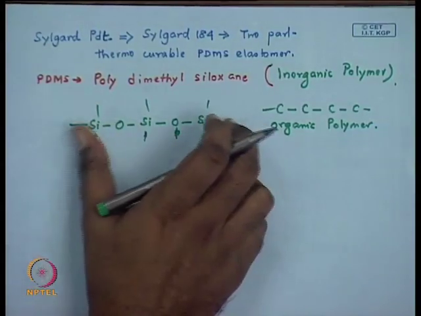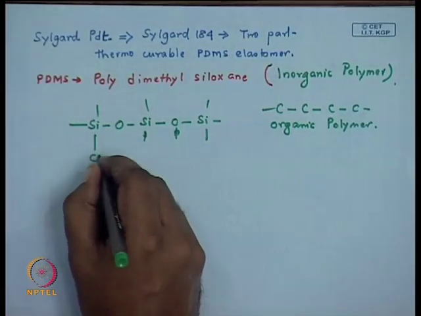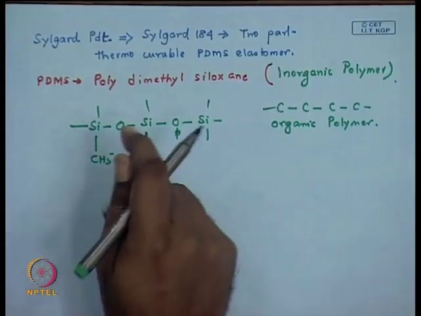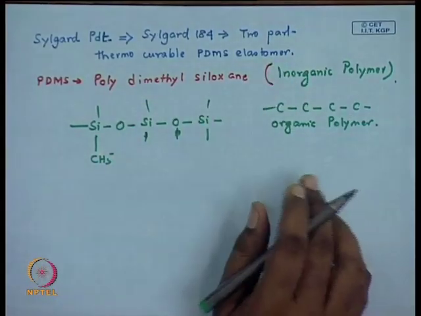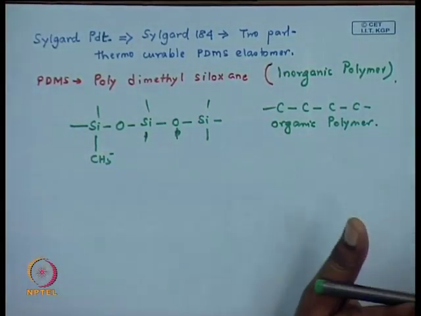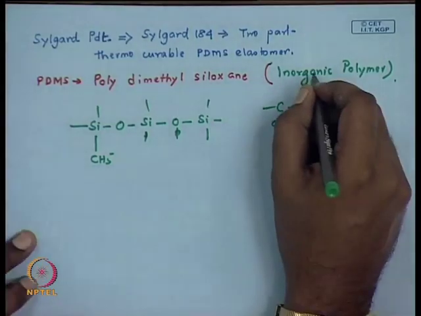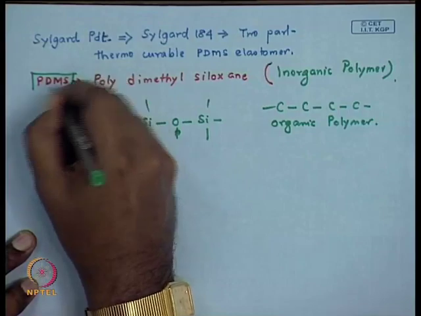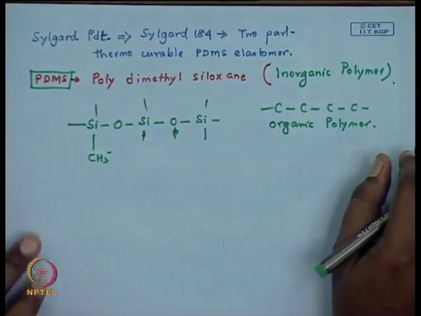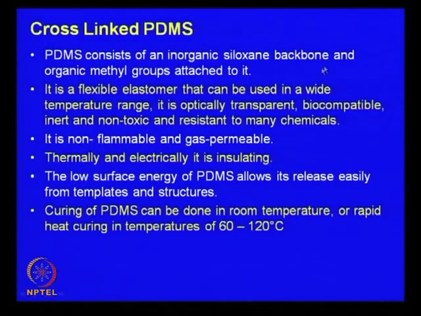This backbone is the one which gives the molecule its flexibility like a polymer, and the methyl groups attached here can lead to further cross-linking. So, the basic backbone of the molecule is not a carbon-carbon organic backbone, but a silicon-oxygen inorganic backbone, and therefore PDMS is a rare example of an inorganic polymer. PDMS consists of an inorganic siloxane backbone and an organic methyl group attached to it.